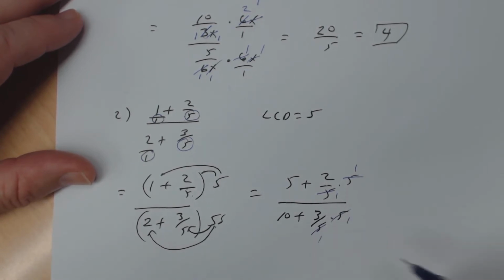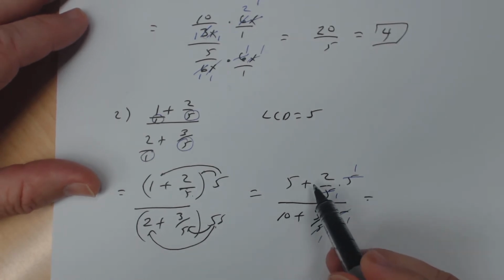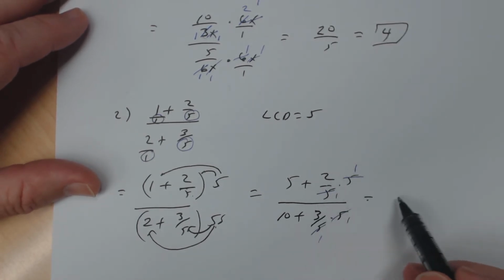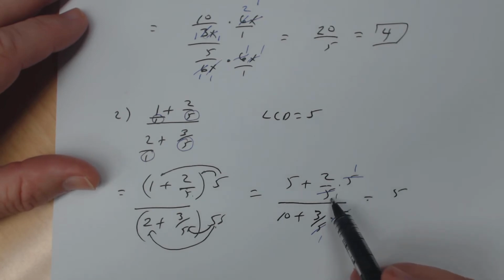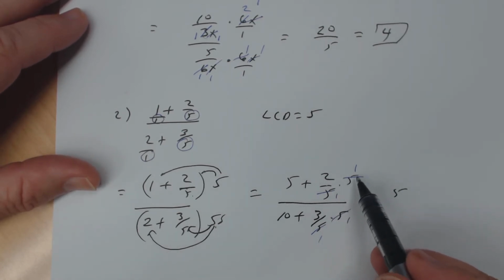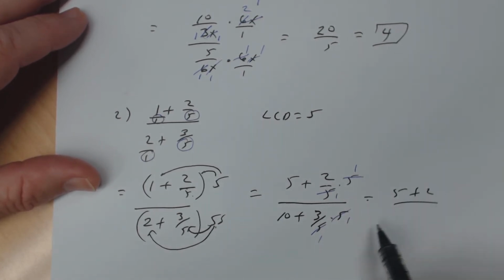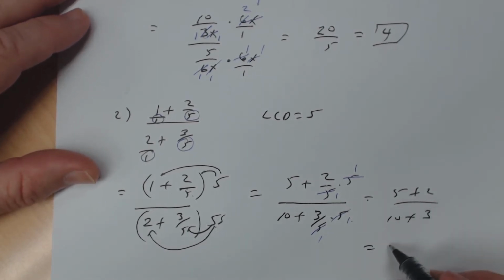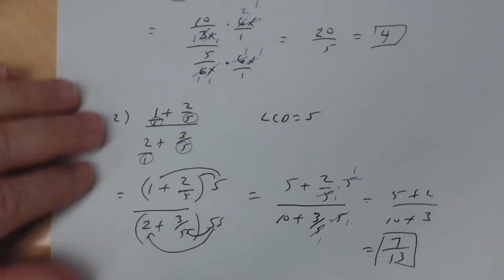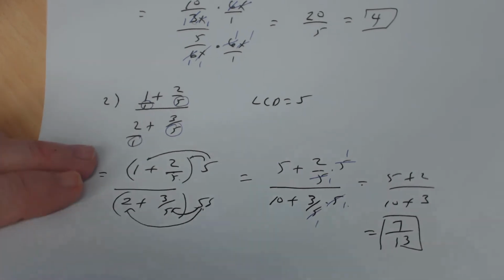These 5s divide out. Okay? So now you have 5 plus 2, because look, 2 over 1 is 2. 2 times 1 is still 2. Divided by 10 plus 3 over 1 times 1 is 3. And then combine your like terms. I get 5 plus 2 is 7. 10 plus 3 is 13. So there's your answer, 7/13. Alright, the next one.